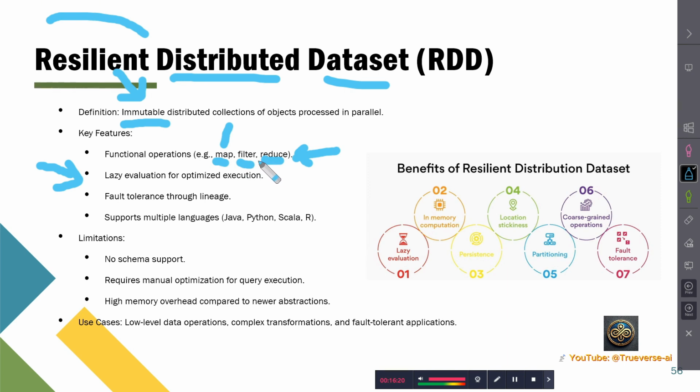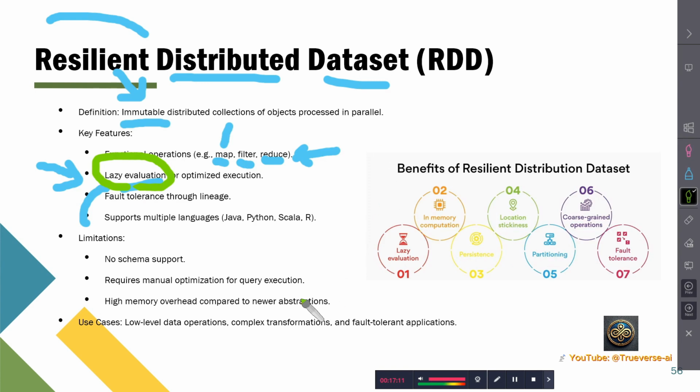These transformations generate a lineage, like a DAG of operations, that Spark uses later to determine the best execution strategy. Another is optimization of execution, reduced redundancy, fault tolerance, and flexibility. These all come from lazy evaluation, a very important characteristic of RDD.